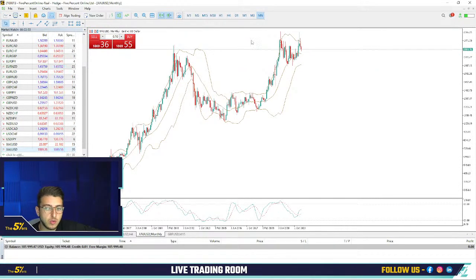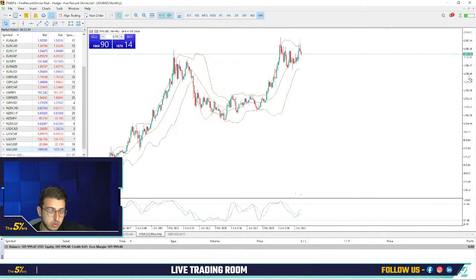Okay, for people that know cup and handle, this is one here. You have a cup and handle. It's one of the technical figures that we might see a lot in technical trading.